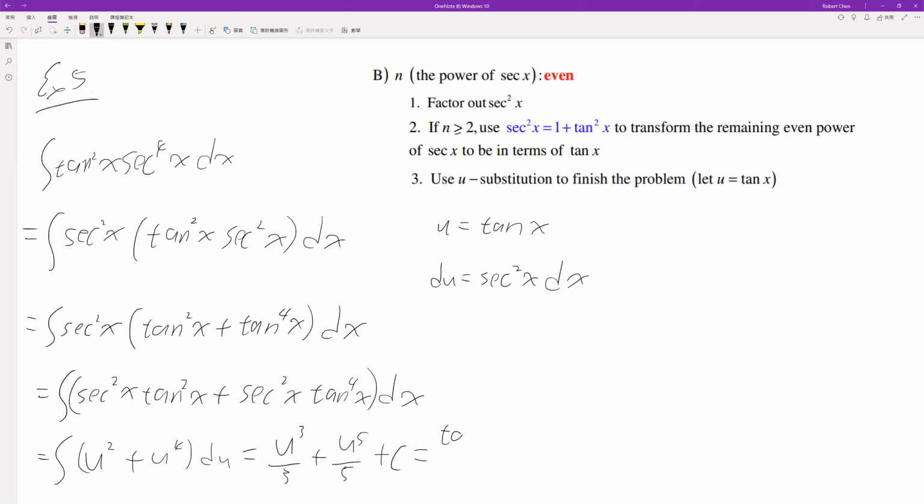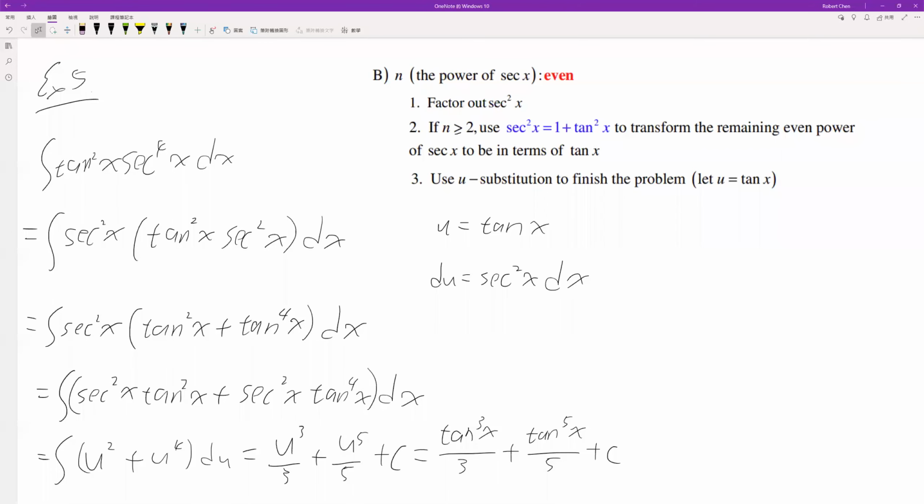And that's tangent cubed over 3 plus tangent to the 5th over 5 plus c. Okay, not too bad, right? Pretty easy once you have everything set up, and the integral is pretty straightforward.